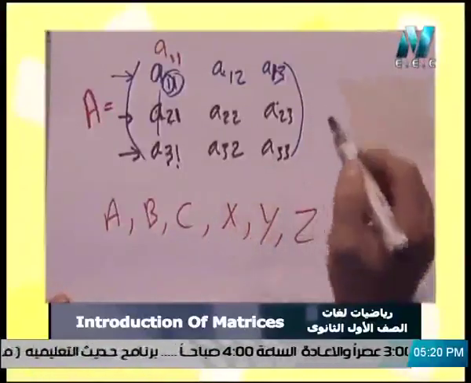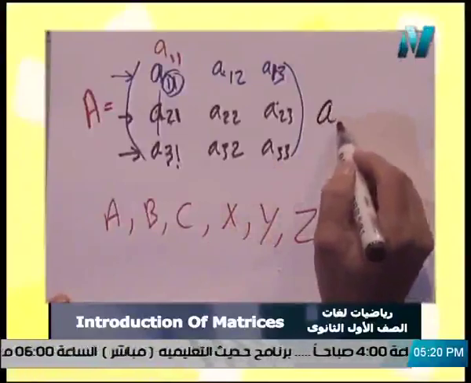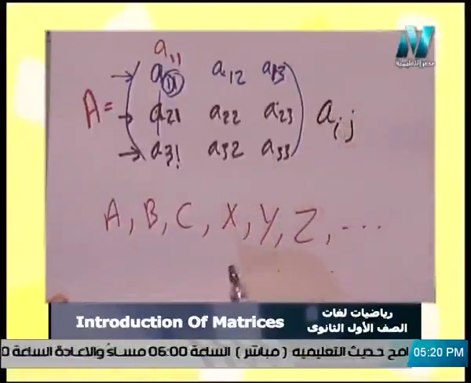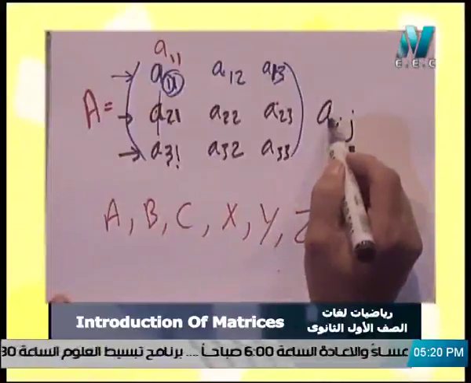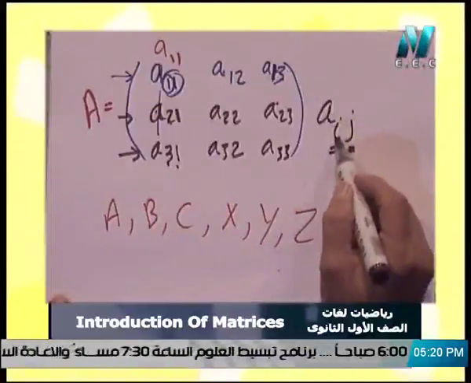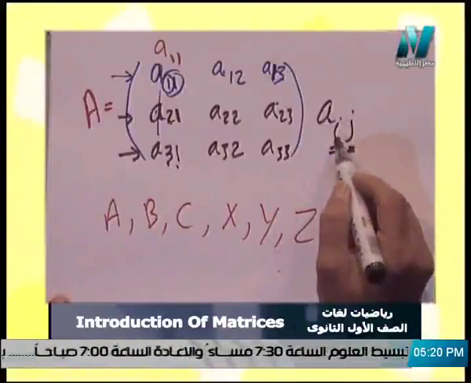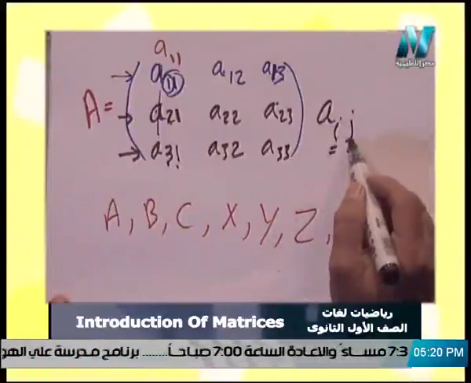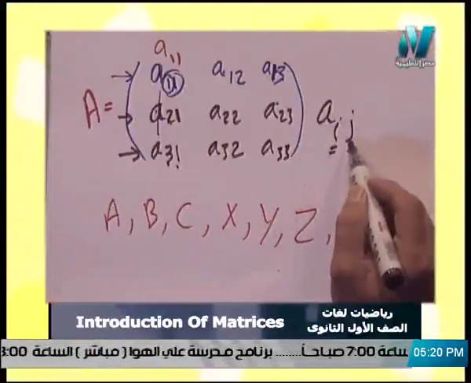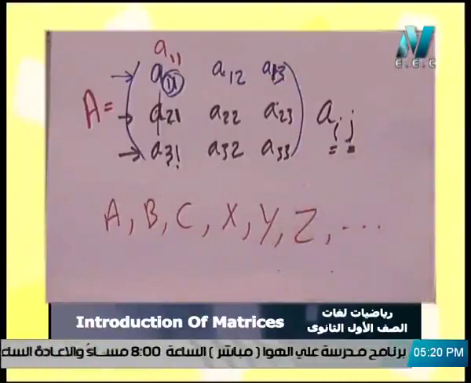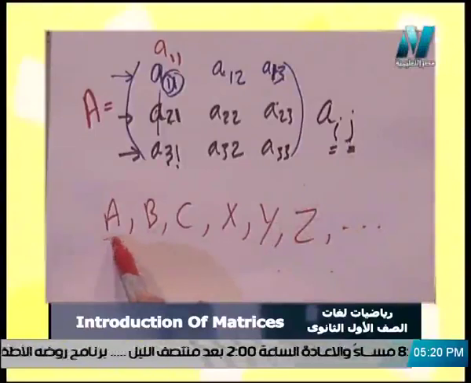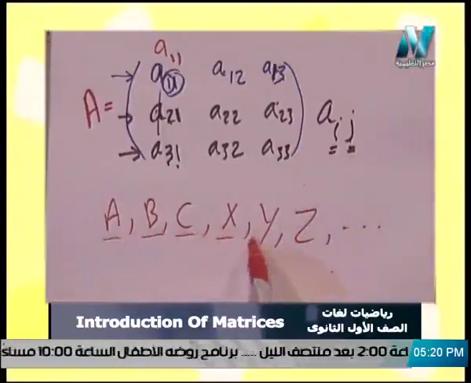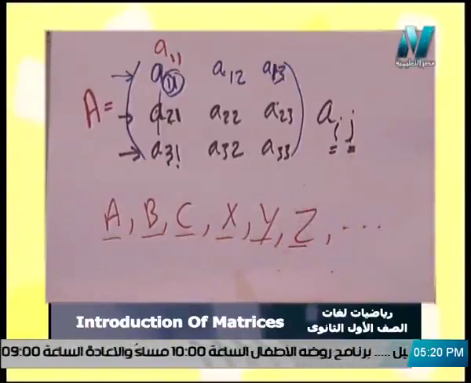Okay, generally we use small a, ij. What is i? What is j? Small a expresses the element itself, i expresses the row number, and j expresses the column number. So we will revise again. Capital letters are used only for the matrices themselves.